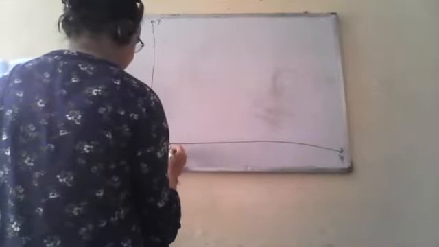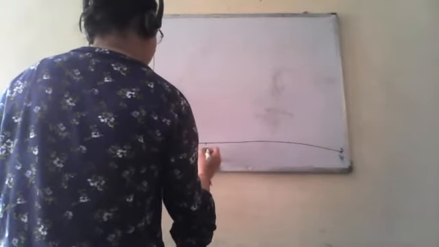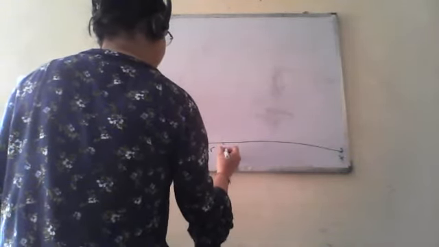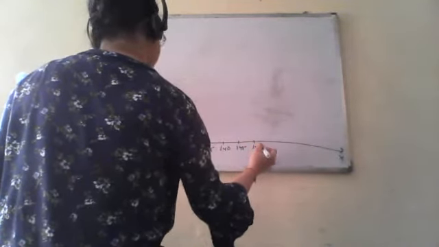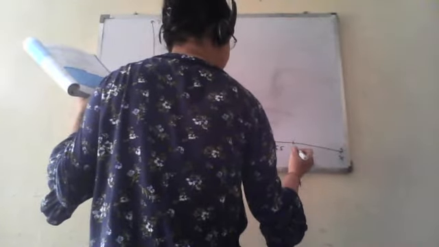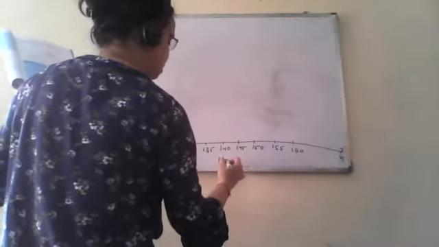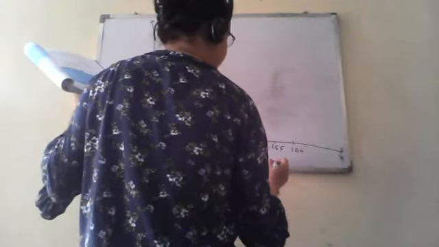So we will draw this jagged line, and we will start making the intervals. It is starting from 125. This is 130, 135, 140, 145. This is 150. This is 155. This is 160. So these values are heights in centimeter.